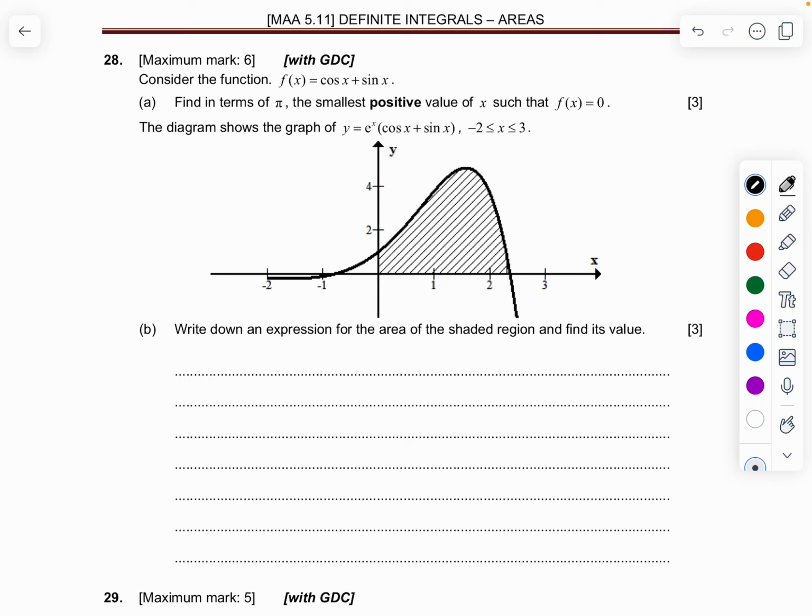Find, in terms of pi, the smallest positive value of x such that f of x equals 0.